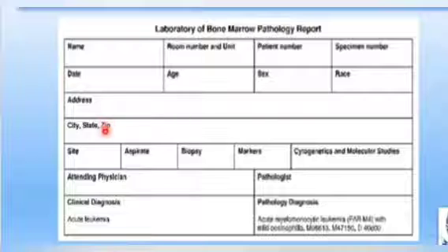Sometimes we also include the address over here, the attending physician, and the pathologists who are performing this test. Then here we have the pathological diagnosis, like in this case acute myelomonocytic leukemia, M4, and if he has some clinical history previously, we mention it over here.